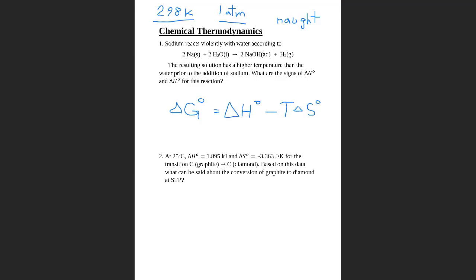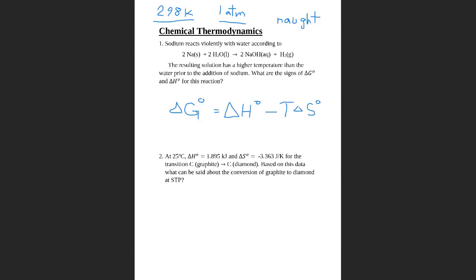Normally when we do such problems, we determine the sign of the first term, then the sign of the second term, then we do the addition or subtraction, and then determine the sign of the Gibbs free energy thermodynamic parameter.